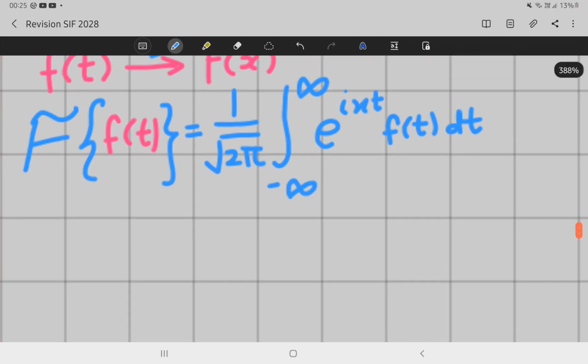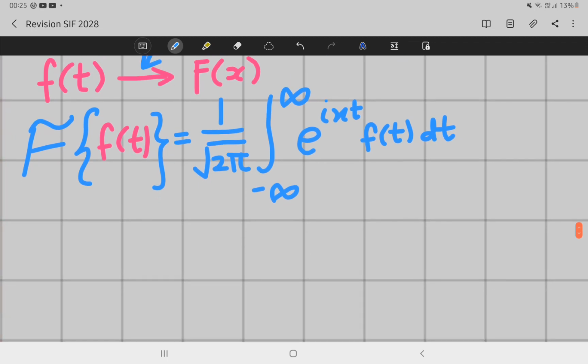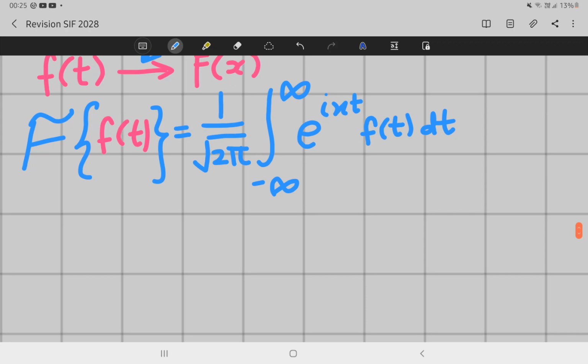But if we want to reverse this process, we do what is called the inverse Fourier transform. So this one we just invert.